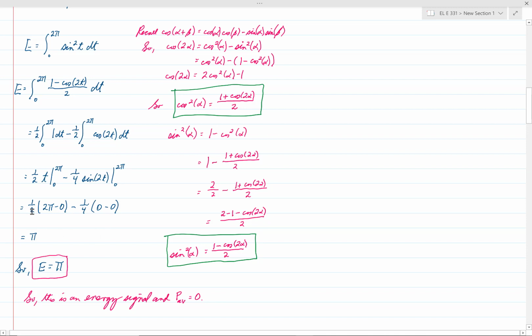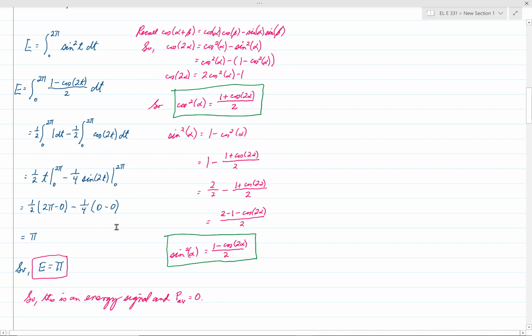And so we get over here, the 1/2 comes down, and t evaluated from 0 to 2 pi is 2 pi minus 0. And then minus 1/4 comes down, and sine of 2 times 2 pi is sine of 4 pi, which is 0, minus sine of 2 times 0, which is sine of 0, which is 0. So this term goes away.